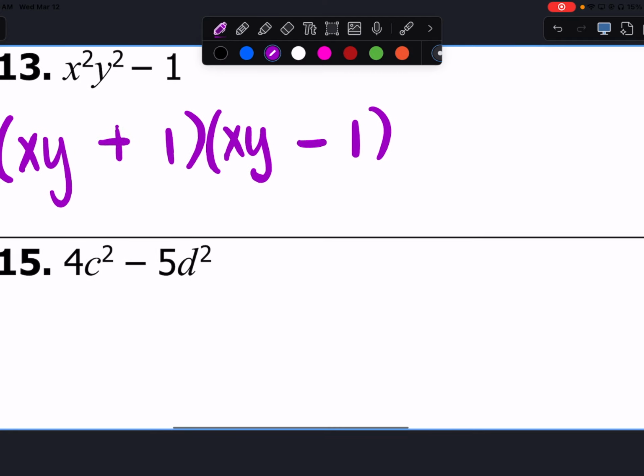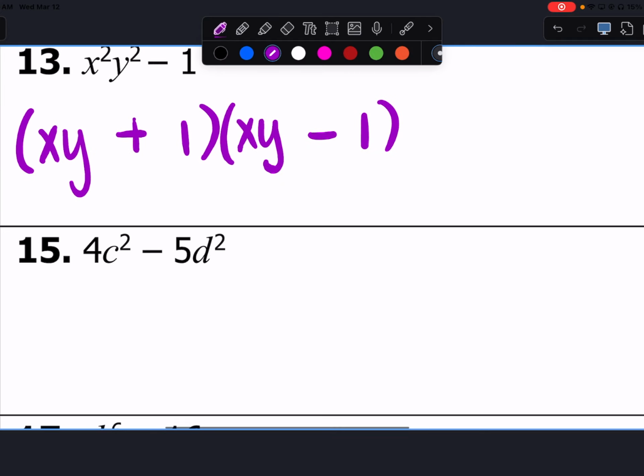Okay, for number 15, what do I do for this one? Oh, the same thing. What do you do with 5? Is it prime? That is the question. Is 5 a perfect square? No. Can I factor out that 5 because it's a GCF? No. It is prime.